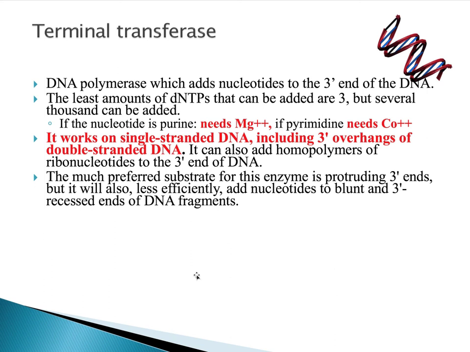It works on single-strand DNA or double-strand DNA with 3' overhangs. So you have to know what exactly your DNA looks like before you use it. The best is 3' overhangs. If you have blunt or recessed ends, it will work but less efficiently.